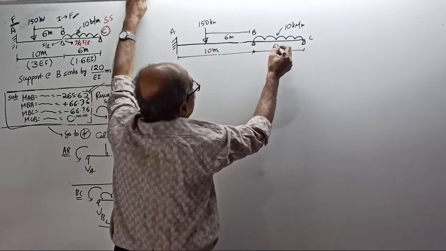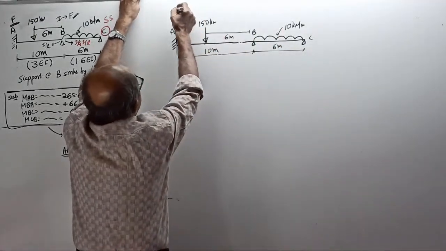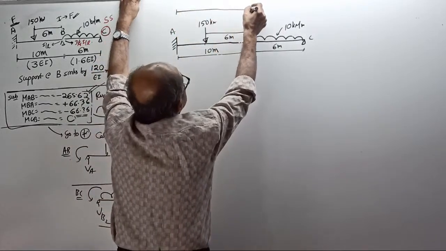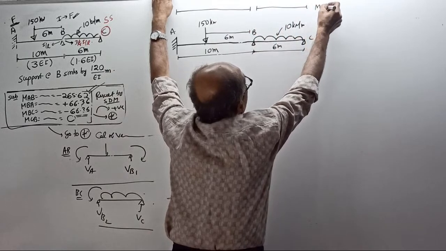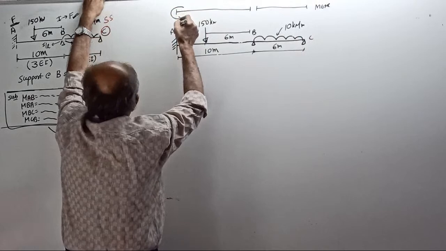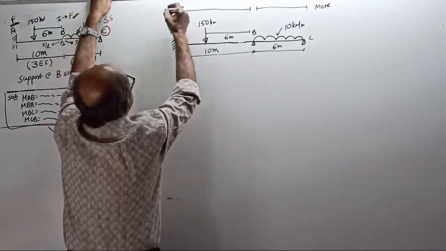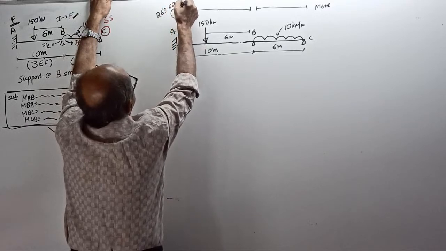Now, this is a question given with so many methods. After MD, SD and Kani's method, you first got member end moments. Enter here member end moments. We got anti-clockwise 265.62 kilonewton meter.